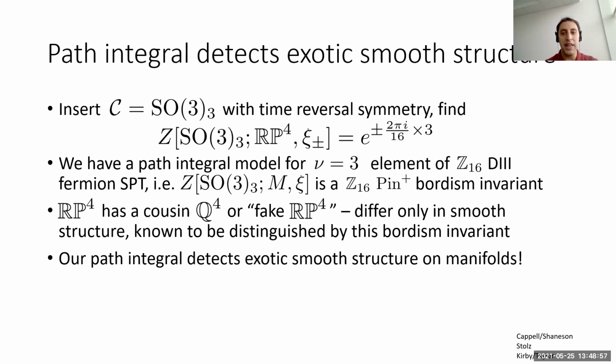And the mathematical interest here is that RP4 has a cousin called Q4, or fake RP4, which is homeomorphic but not diffeomorphic, so that they're continuously equivalent but not smoothly equivalent. These two manifolds are known to be distinguished by this particular bordism invariant. And these two cousins have an exotic smooth structure, and our path integral is able to detect this exotic smooth structure.